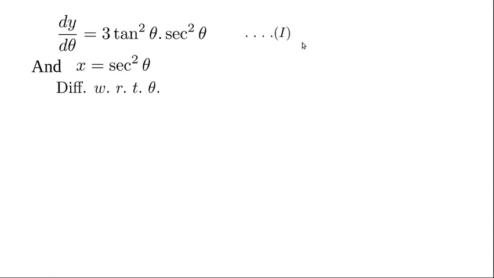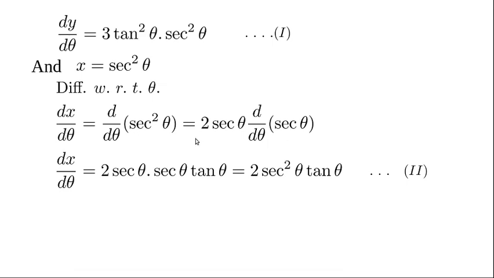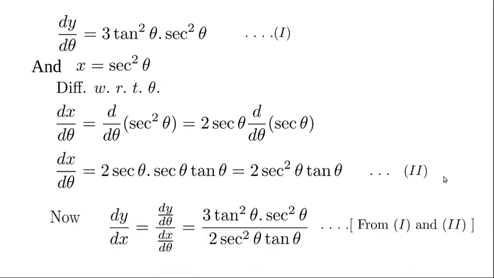Again differentiate with respect to θ. So dx/dθ equals d/dθ of sec²θ, and that is nothing but 2 sec θ into derivative of sec θ. As you know, derivative of sec θ is sec θ tan θ. So it becomes 2 times sec θ into sec θ tan θ. Therefore dx/dθ is 2 sec²θ tan θ. Let us call it as equation 2.